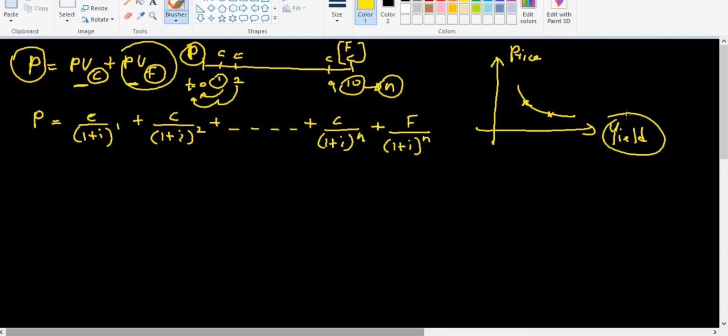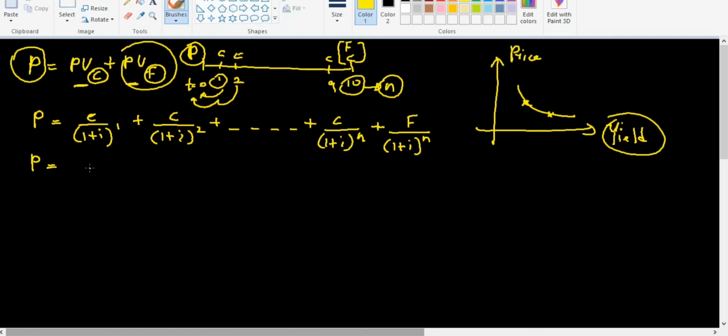So if we are doing some calculations, you can find the sensitivity measure. We can take the first derivative of this curve to find the sensitivity. I can write this formula as this to find the first derivative.